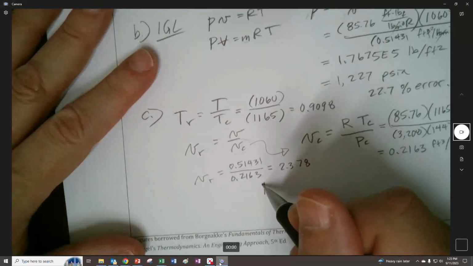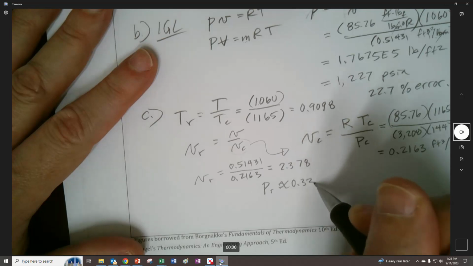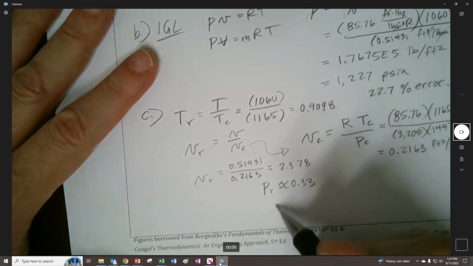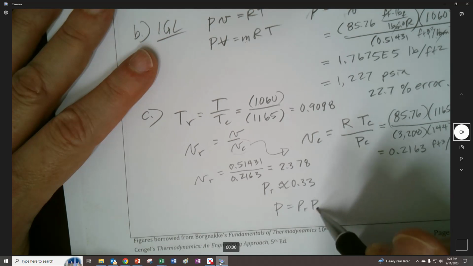So PR is approximately 0.33, and therefore our pressure is going to be that reduced pressure times the critical pressure, PR times PC.